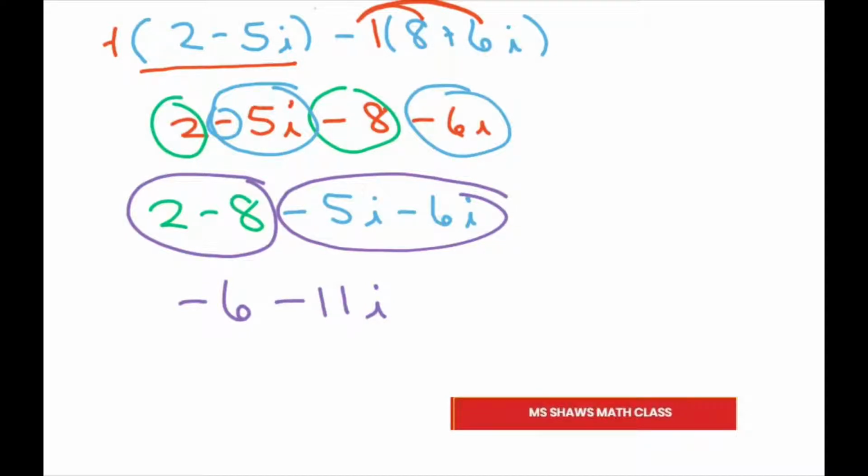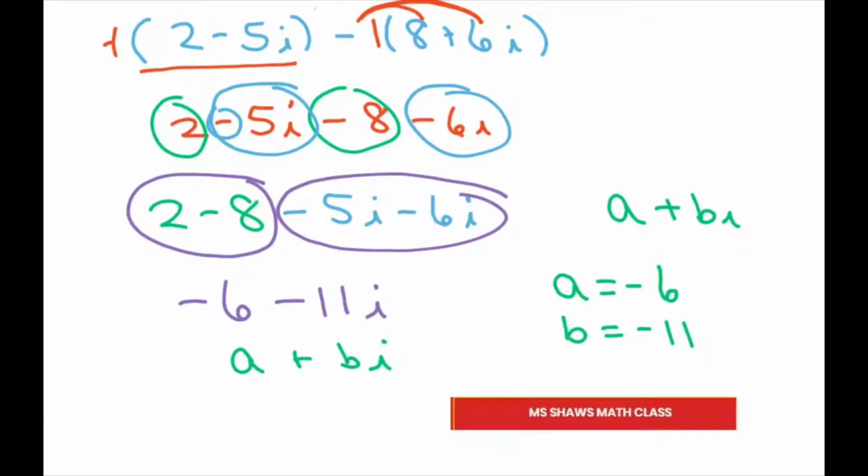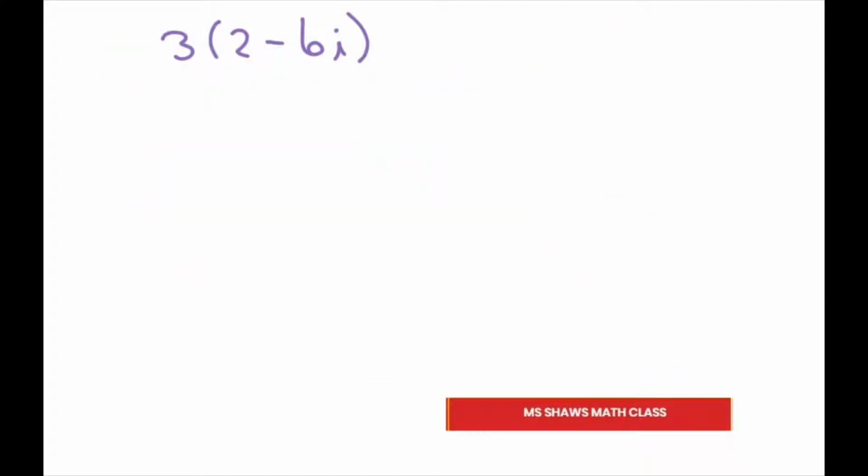Therefore, your a is going to be -6, and your b is -11 when you have a plus bi. So if we substituted this in, we would get our answer here. Okay, the next 2, we're going to just distribute. Here, this is 3 times 2, 6.